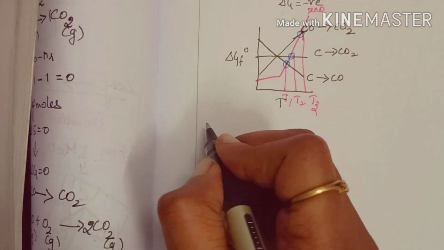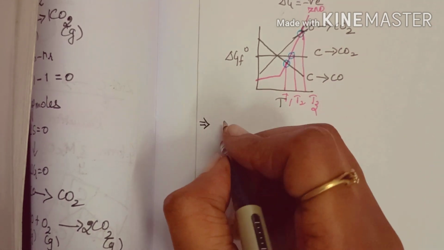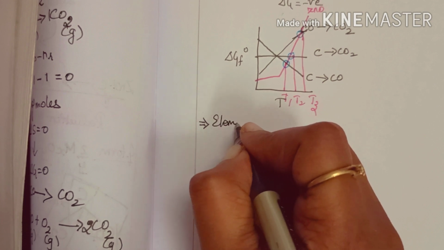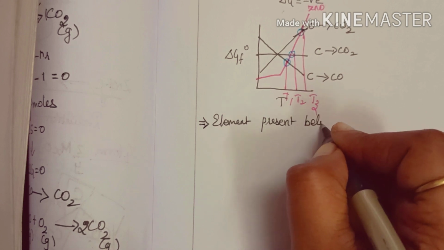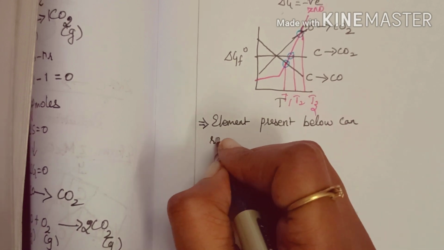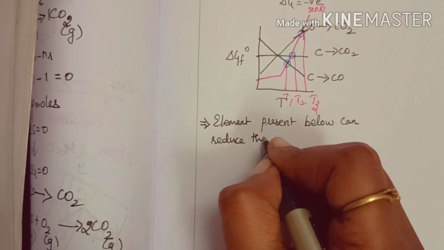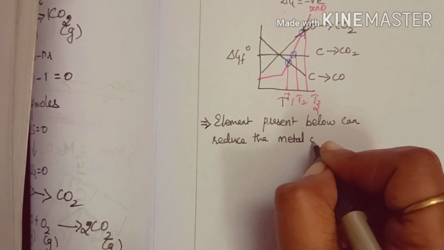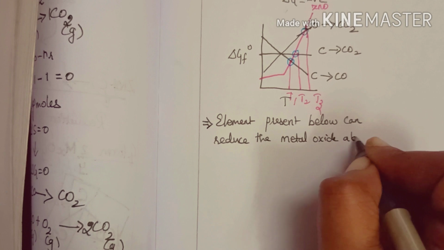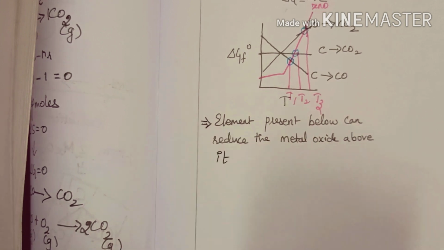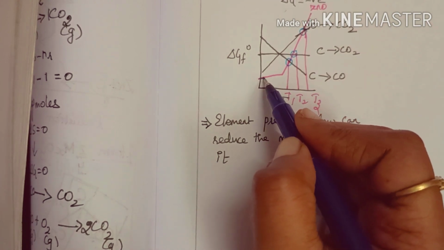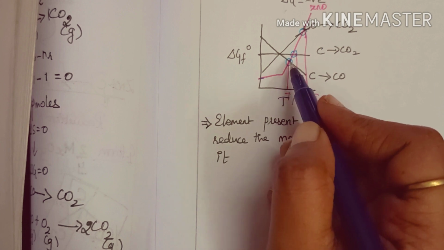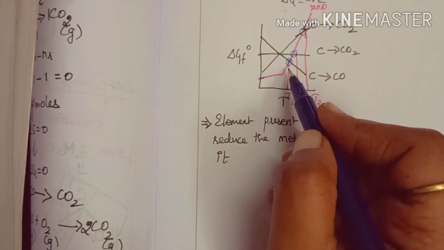Now how to choose the better reducing agent? The first point you should keep in mind is, an element present below can reduce the metal oxide above it. So if I take this pink line, up to a certain temperature it is the lowest line.